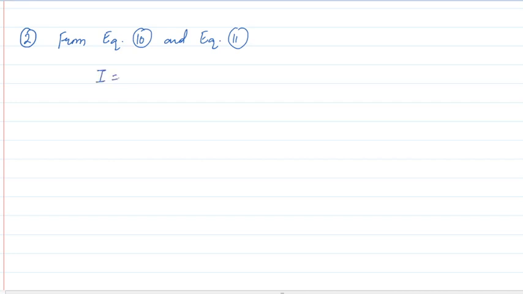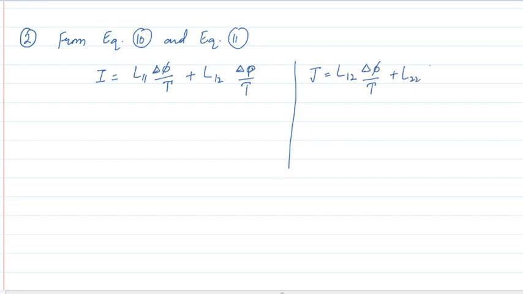Equation 10 is I equal to L11 delta phi upon T plus L12 delta P upon T. And equation 11 is J equal to L12 delta phi upon T plus L22 delta P upon T. Now we will consider a situation where delta P is equal to 0.